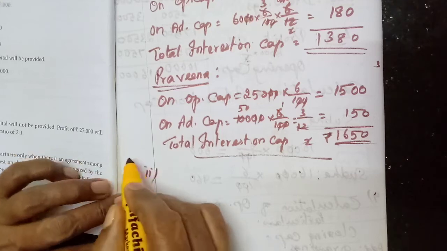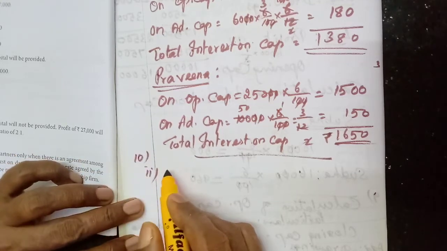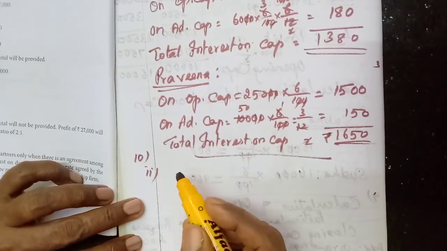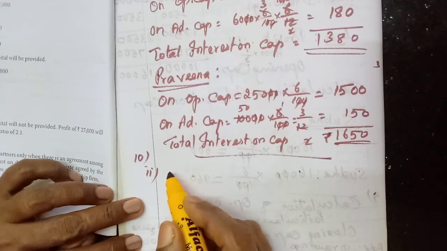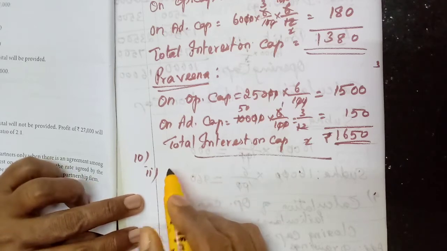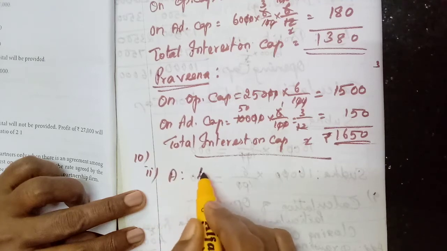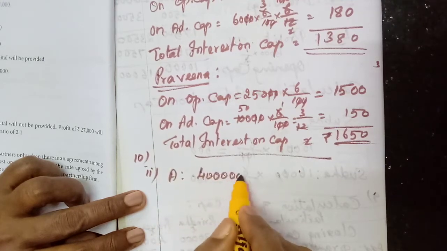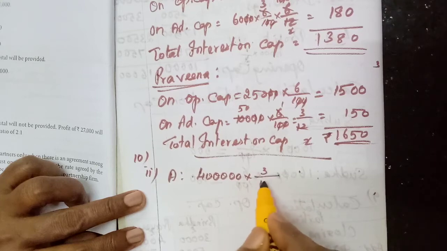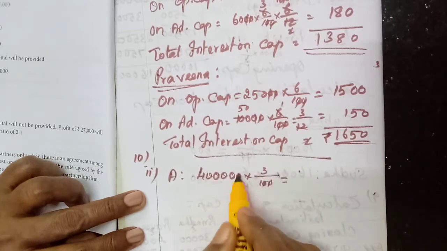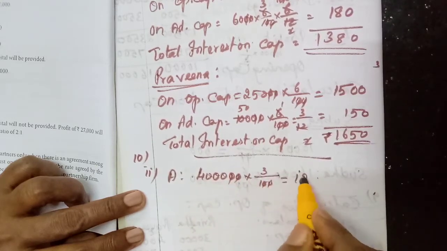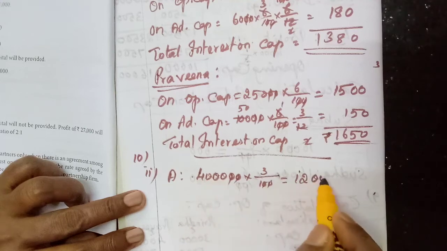Second one. First we calculated, isn't it? First we have seen, no need to calculate. Now partners, interest on capital is allowed. For the first partner A, 4 lakh into 3 by 100. How much will we get? 4 3s are 12, that is 12,000.